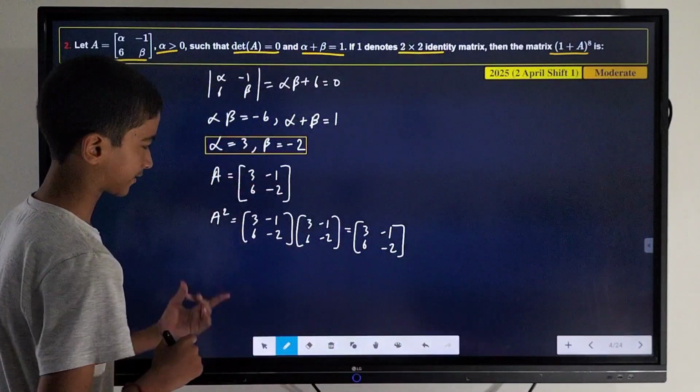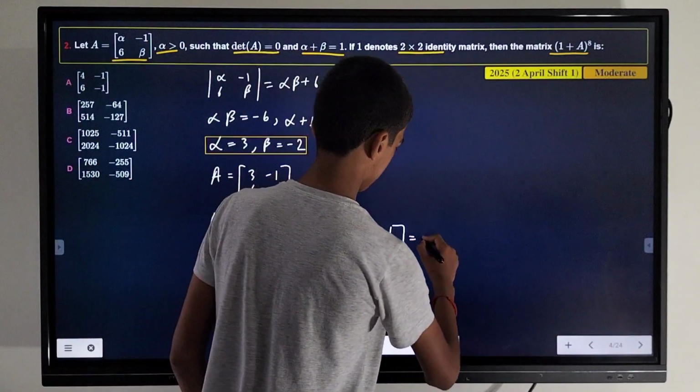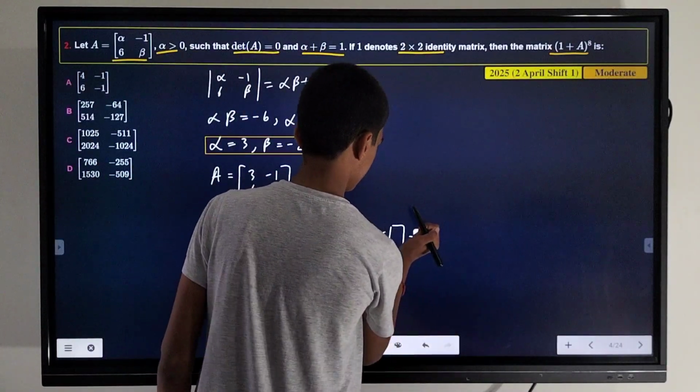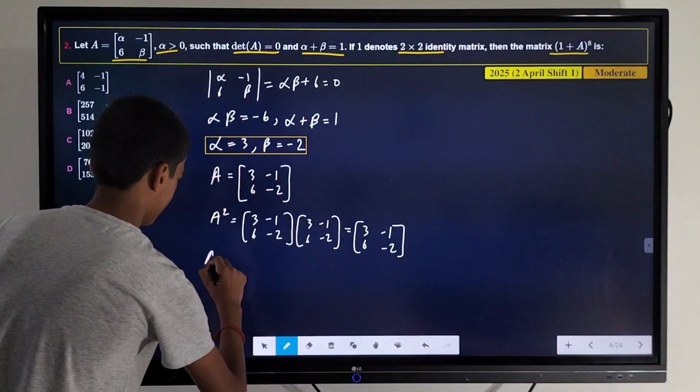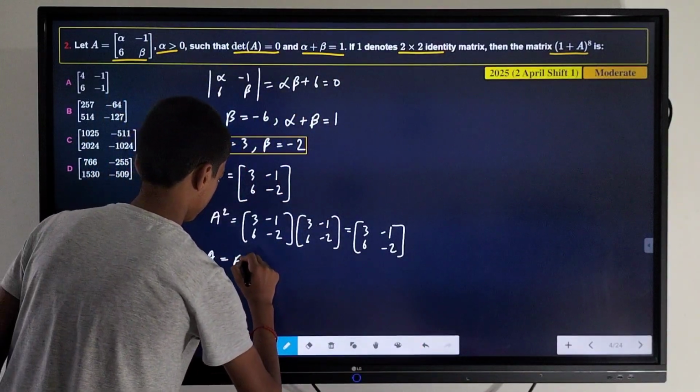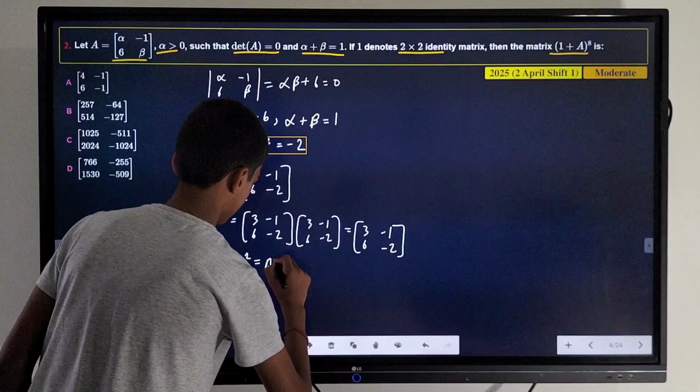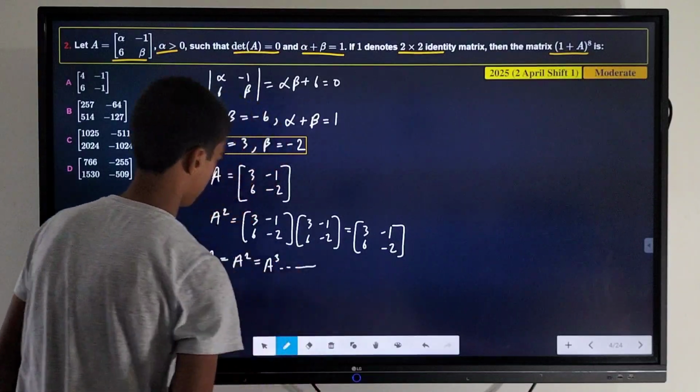So from here we can see that our A square is equal to A. So from here we can say A is equal to A square is equal to A cube and so on.